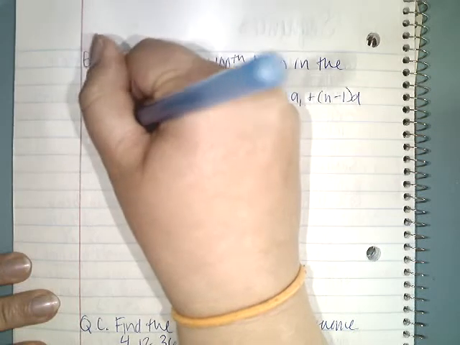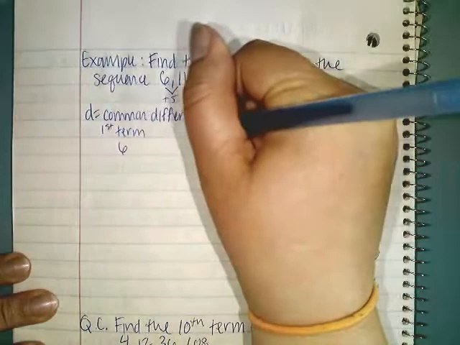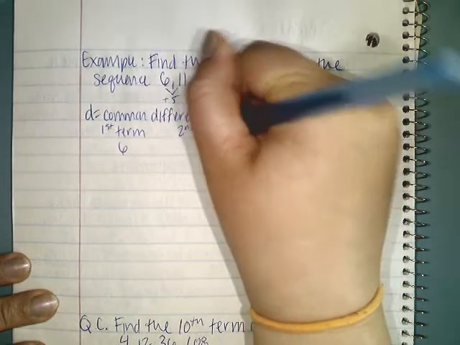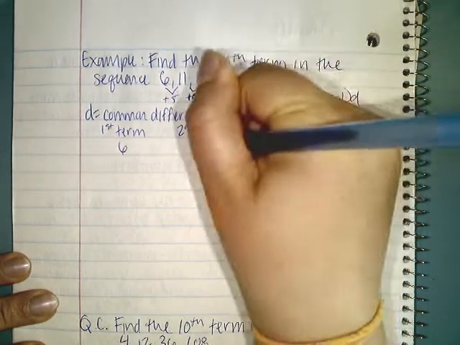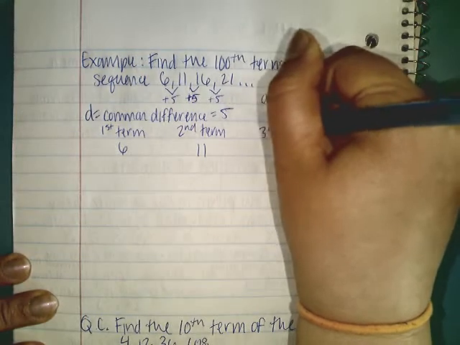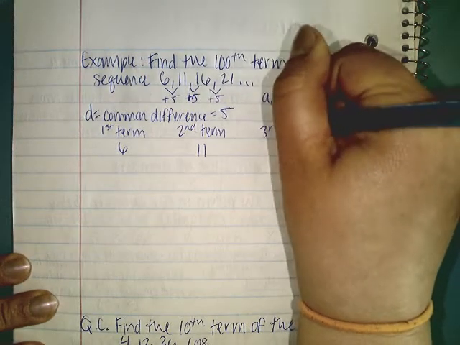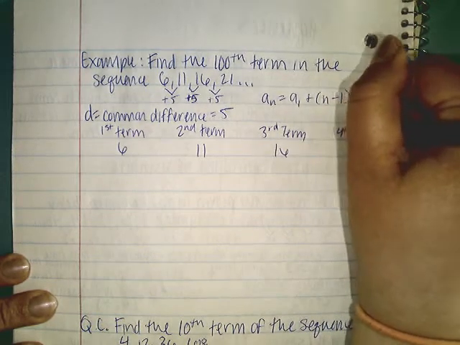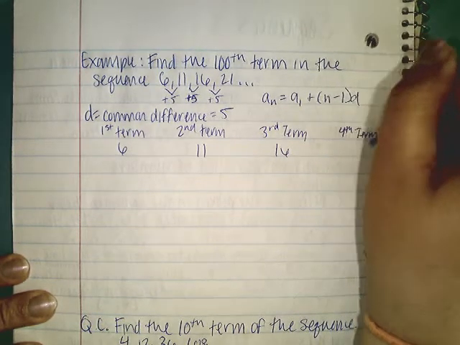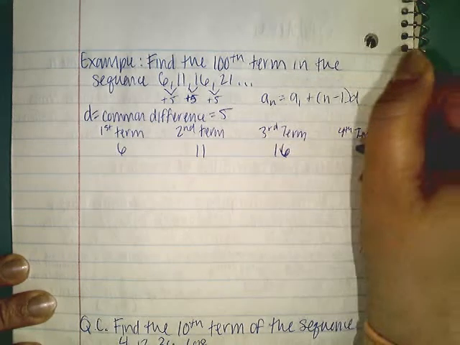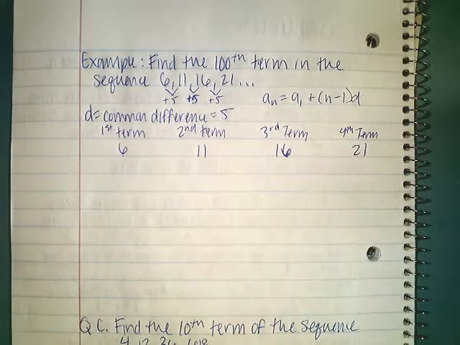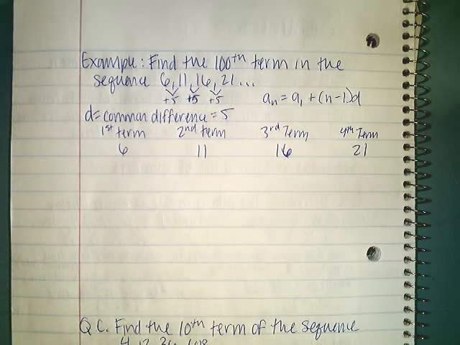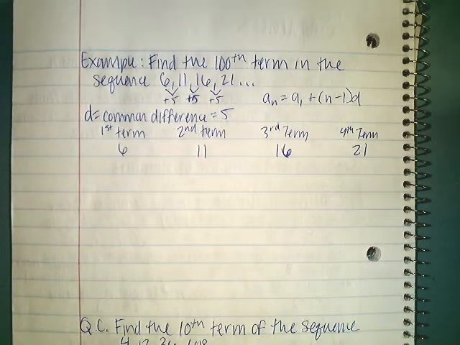So I know my first term in my list is 6. I know the second term is 11. I know the third term is 16, and I know the fourth term is 21.